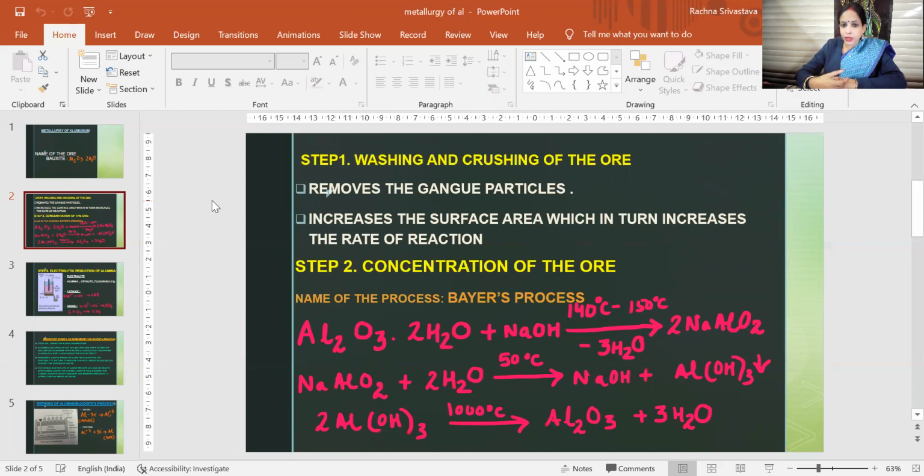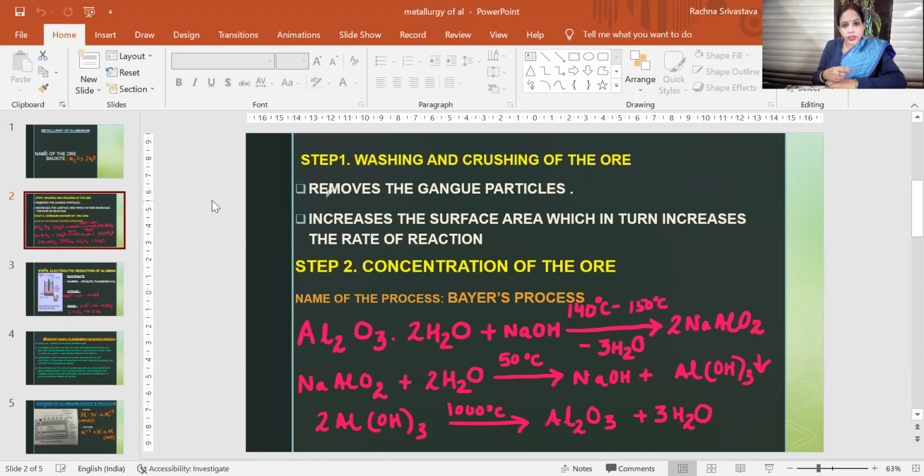To explain this point, if we take 2 glasses full of the same quantity of water, and in one glass we take 1 spoon of sugar crystals and stir, and in the other glass we crush the same sugar crystals and add them, then in the second glass you will find that the dissolution of the sugar occurs at a faster rate, because by crushing you have increased the surface area.